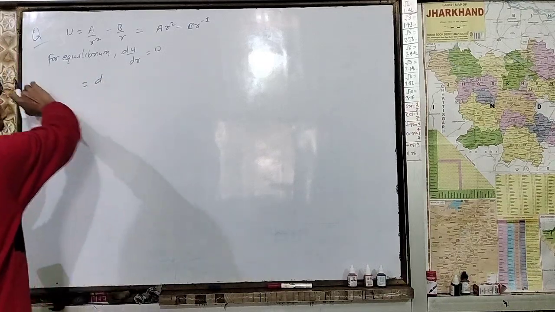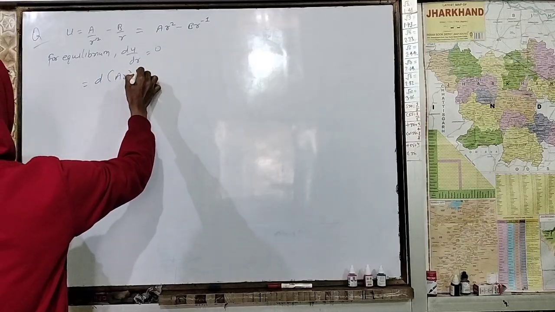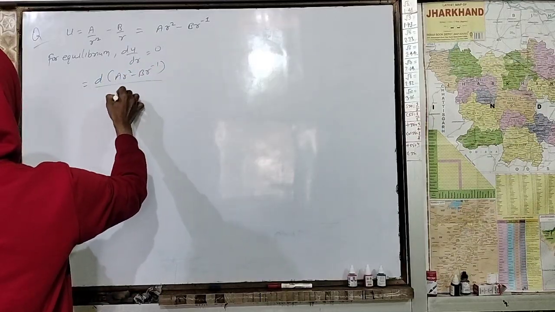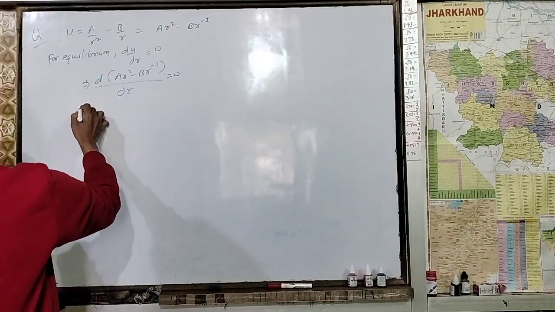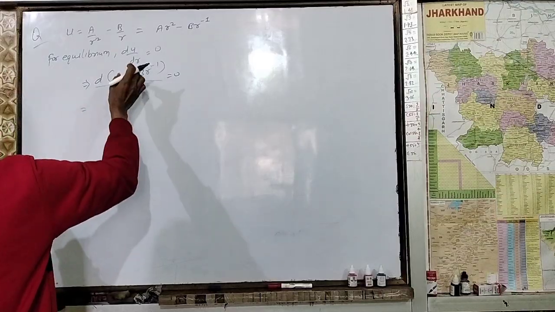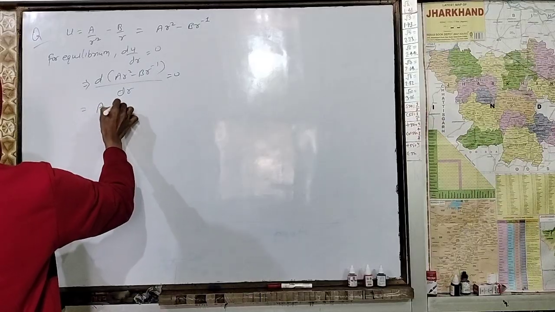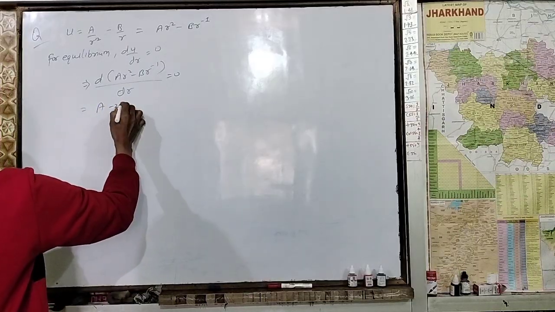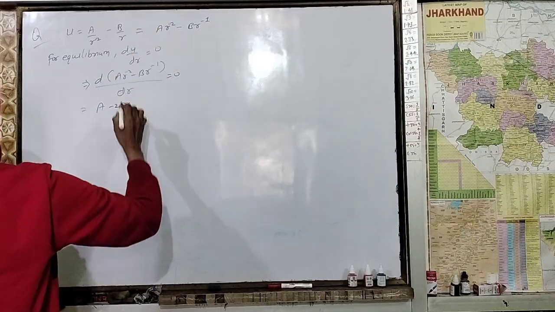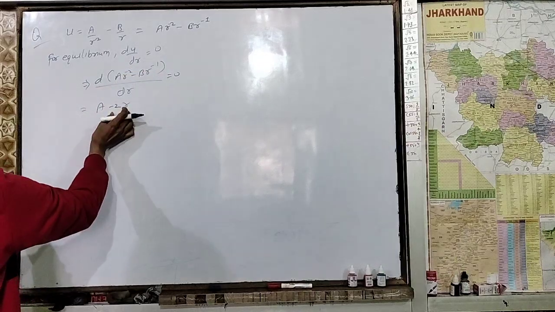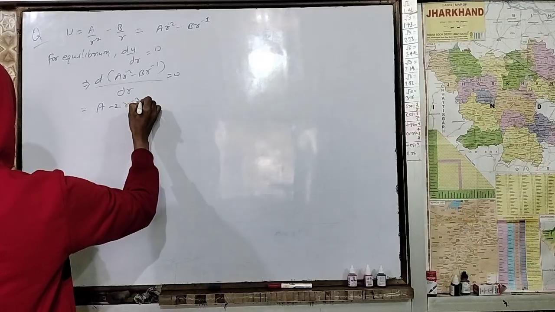So d/dR of (AR⁻² − BR⁻¹) is equal to 0. Differentiation of AR⁻² will be A times minus 2, R raised to power minus 2 minus 1, which is minus 3.